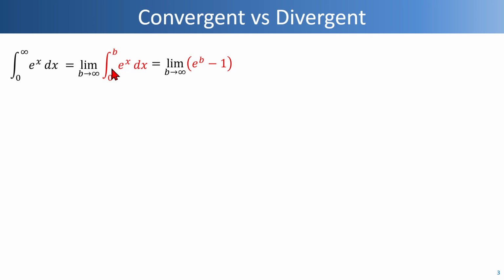So after I integrate this, I get e to the b minus 1 because e to the power 0 is 1. However, I still need to evaluate this limit as b goes to infinity. So to do that, I just remind myself what the exponential function looks like.